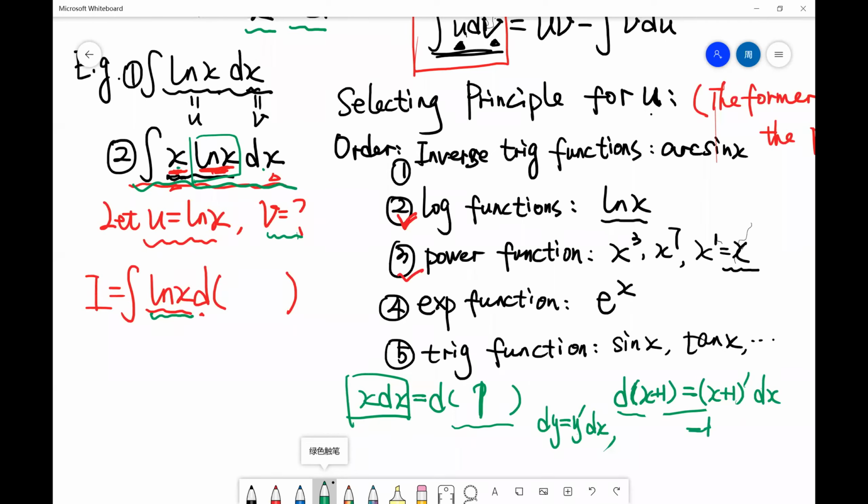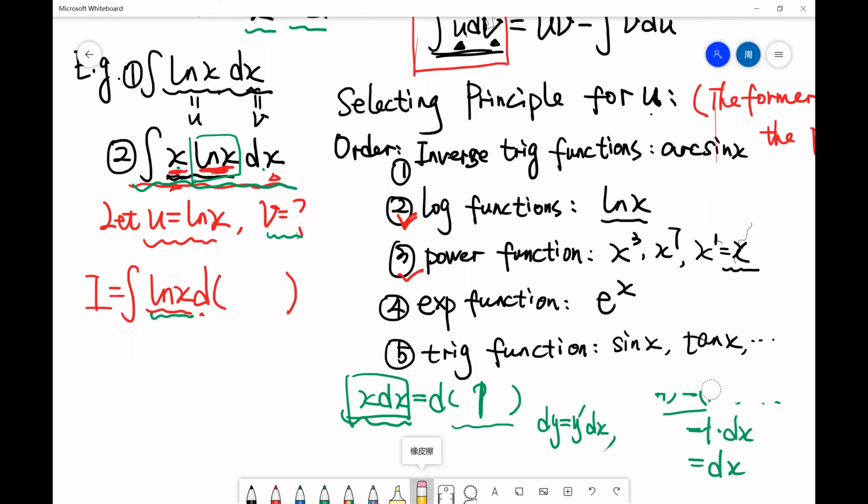So that should be 1 times dx. So that is dx, obviously not x dx, right? So we know that is also not correct here.